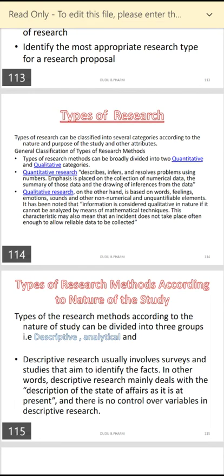On the other end, it's based on words, feelings, emotions, sounds, and other non-numerical and unquantifiable elements. It has been noted that information is considered qualitative in nature if it cannot be analyzed by means of mathematical techniques.